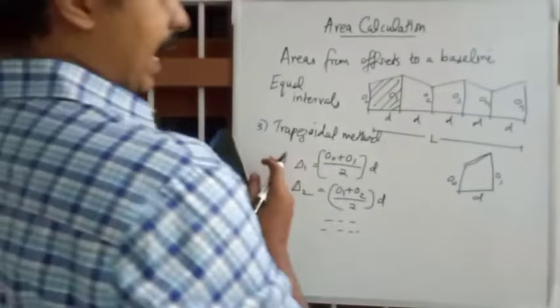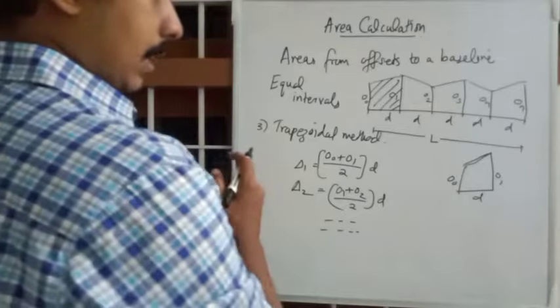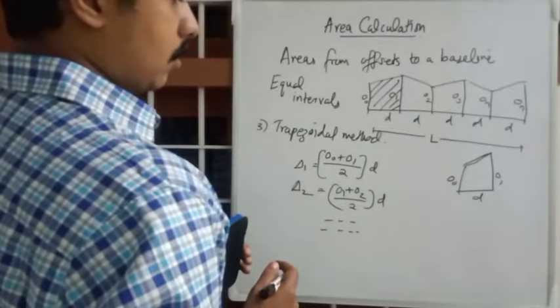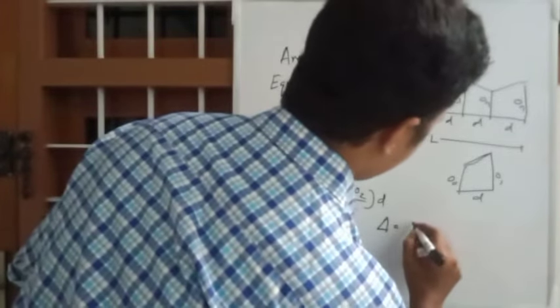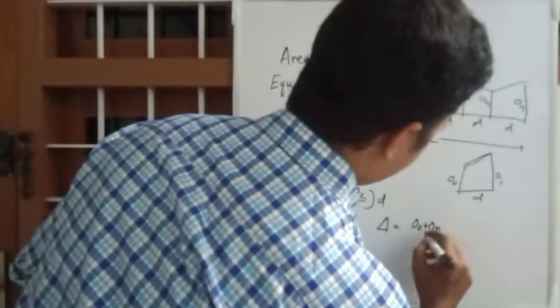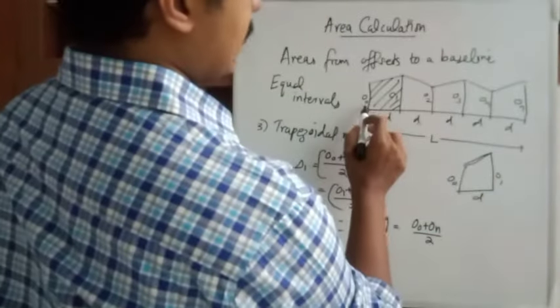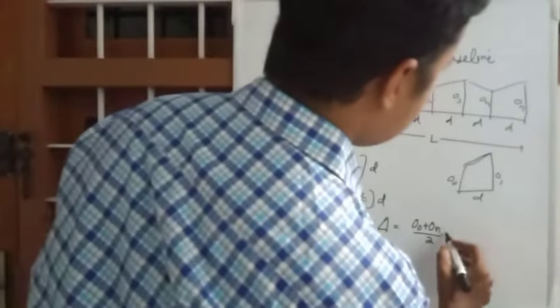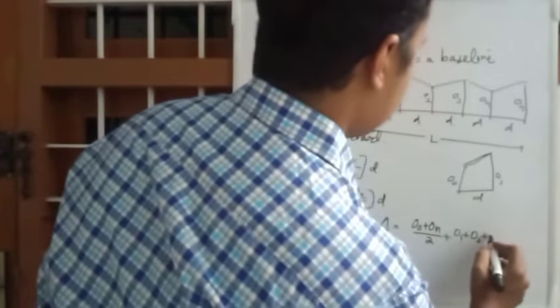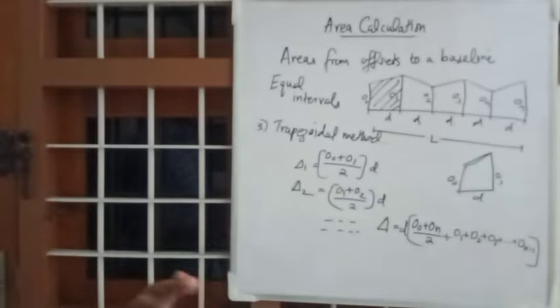Okay, so when we add all these ones together, we will be getting delta is equal to O0 plus On divided by 2, that is the first one and the last one, end ordinates, O0 plus On divided by 2 plus O1 plus O2 plus O3 plus etc. plus On minus 1, into D. That's it.